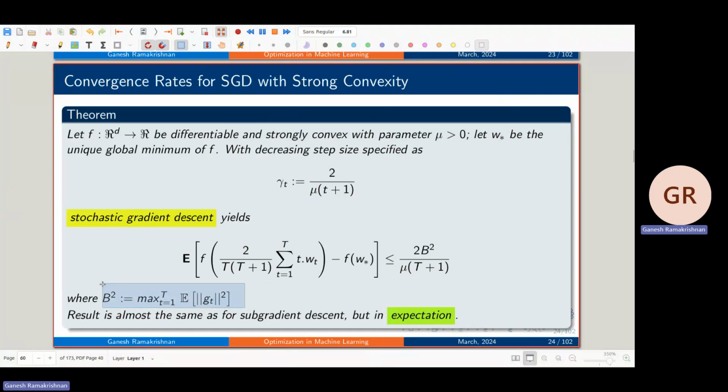So here you'll have b square. Okay. Strong convexity plus Lipschitz continuity in expectation. You'll have almost the same, 1 upon t plus 1. So this is not, by the way, the same as strong convexity earlier.